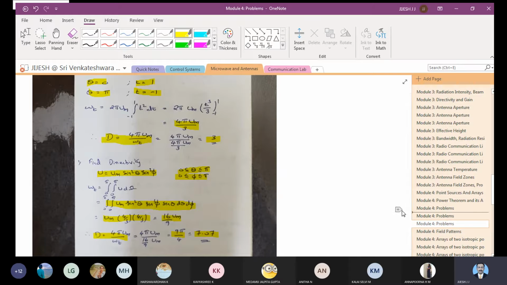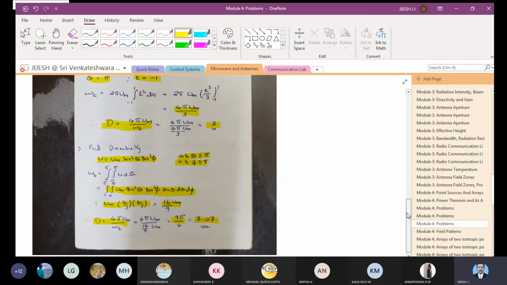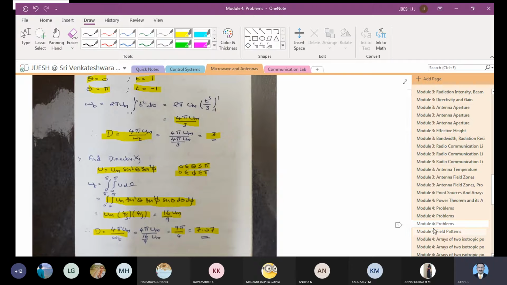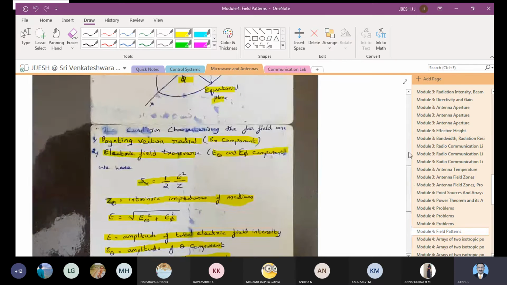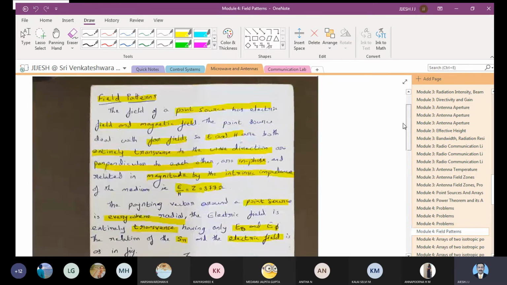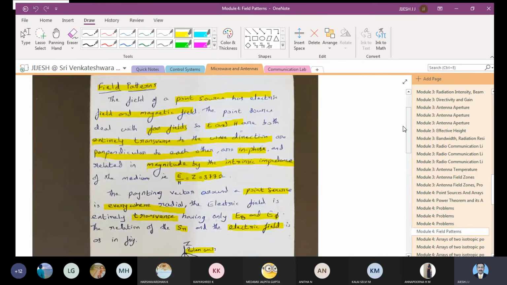So this is what you have found, the directivity of various problems, and then to move on further, you have the field pattern. So as you know that any antenna, you can have two patterns, that is power pattern and field pattern. So when you understand about the field pattern, you can say that the point sources has electric field and magnetic field, and this is the EH plane.